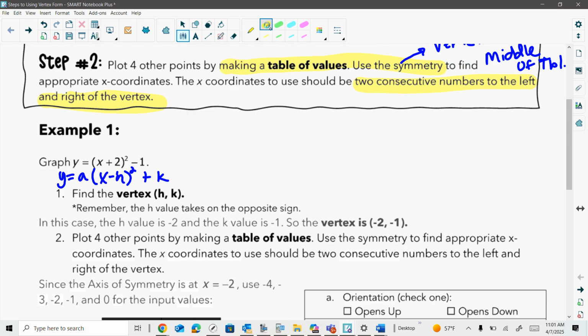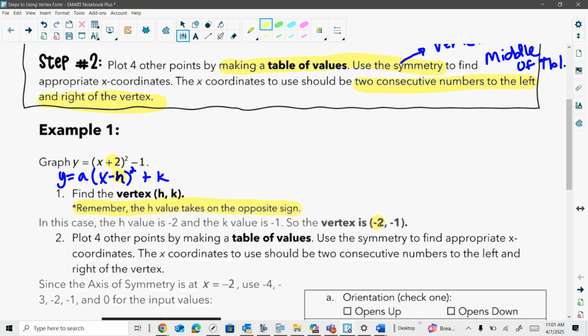So if you look right here, it says, remember to find the hk, and it says, remember the h is the opposite sign. So h is inside the parentheses right there. And if you look inside the parentheses, there's a plus 2. But when we do opposite of that, the h is a minus 2. Do you see that opposite sign?